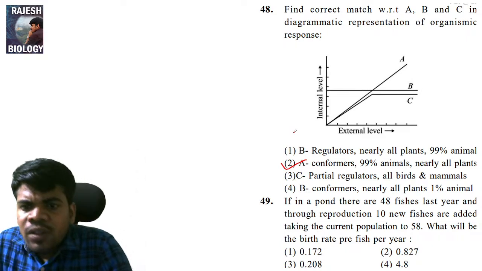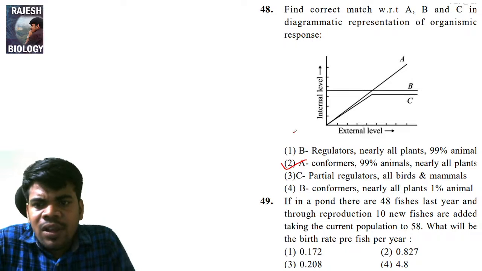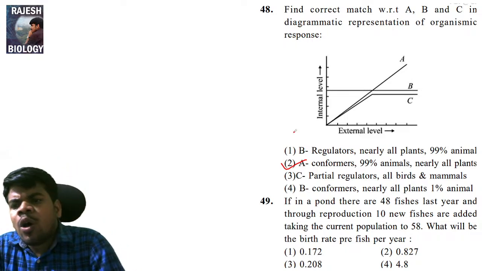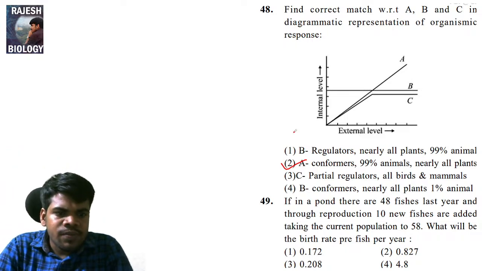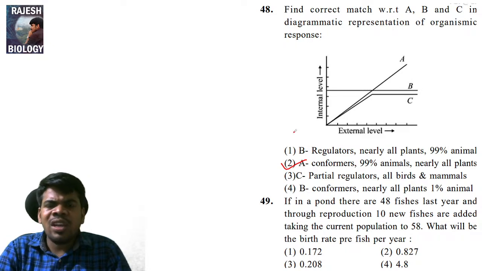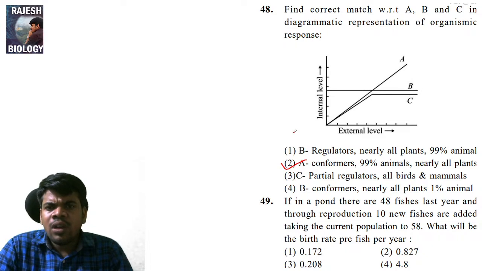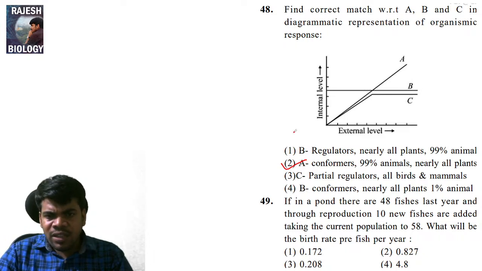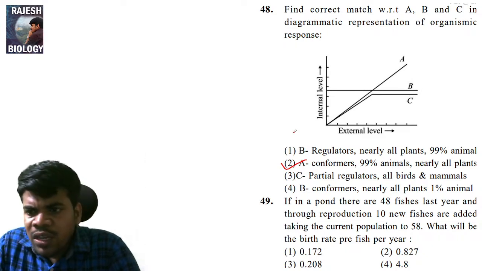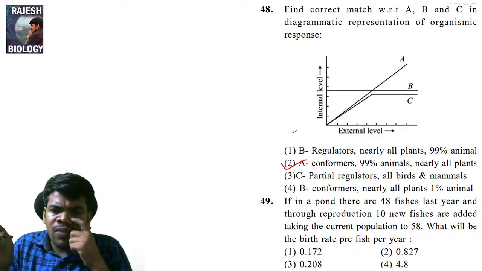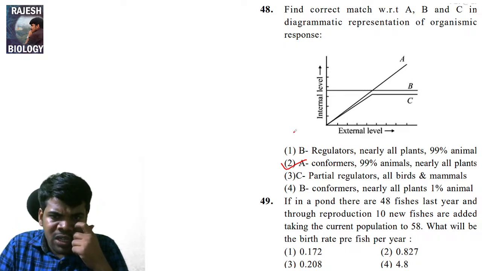48-2, Chandrika. A is conformers, and 99% of animals and all the plants are conformers only. If you touch any plant during the summer season, it is somewhat hot. In winter season, it becomes cool. Based on the environmental temperature, if the body temperature also changes, that is called a conformer.